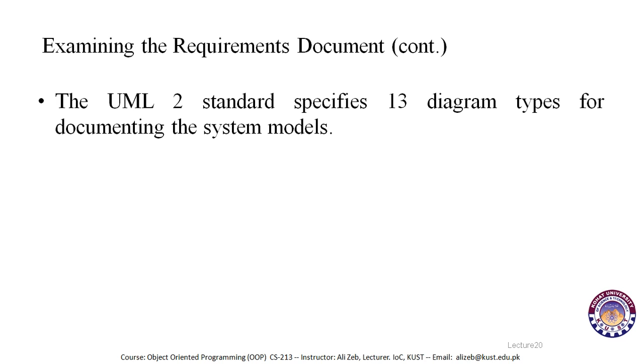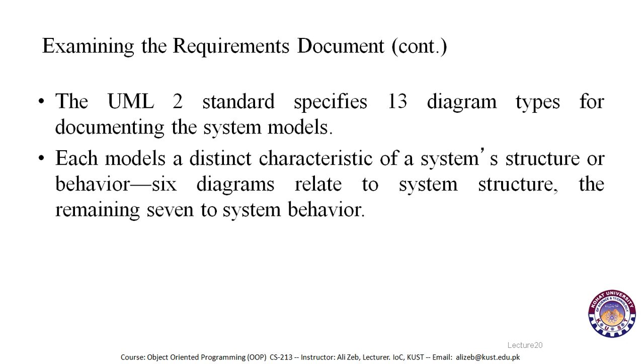UML2 provides 13 standard diagram types for documenting the system models, and these are the standards that are used by system designers before they develop software. Each models a distinct characteristic of a system's structure or behavior.